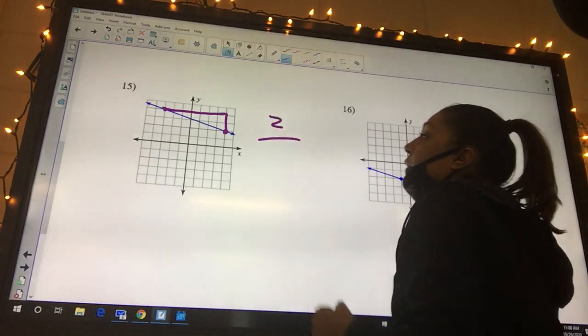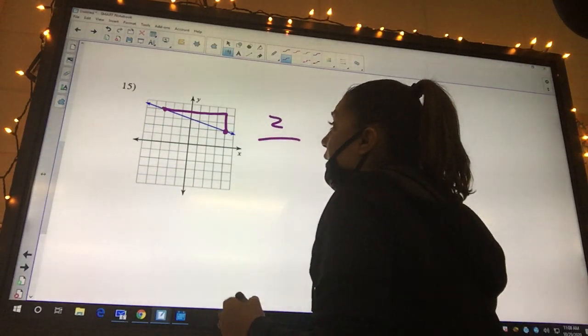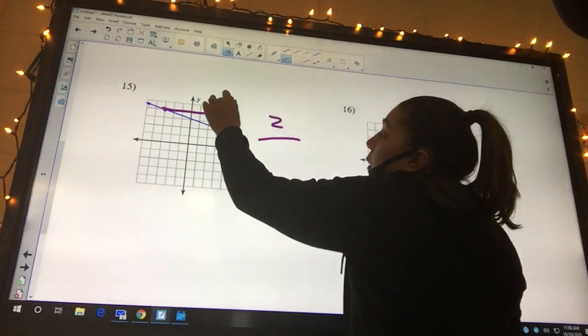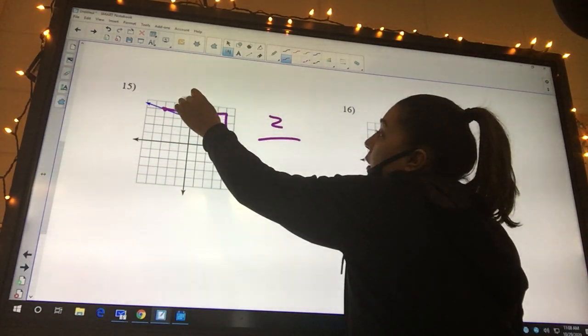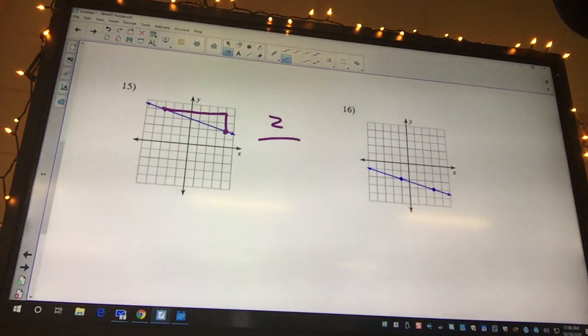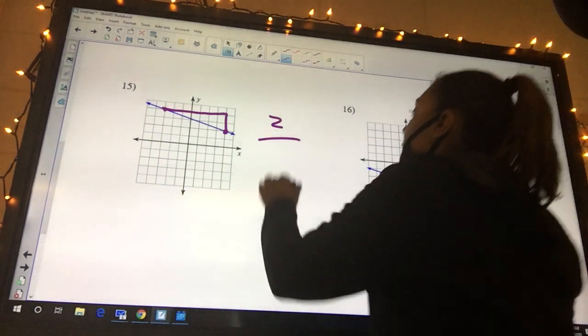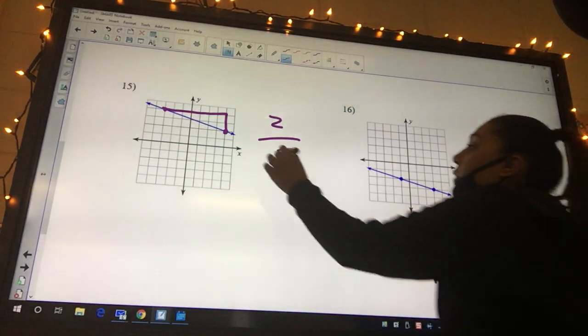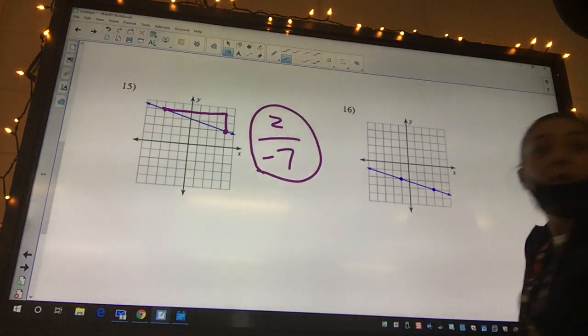Up to 9. 9? Yeah. All right. Negative 9. 7. It's 7. Mr. Moss, what'd you get? 7? All right. Majority rules. And oh, yeah, negative. It's negative because it's going to the left. It is 7.